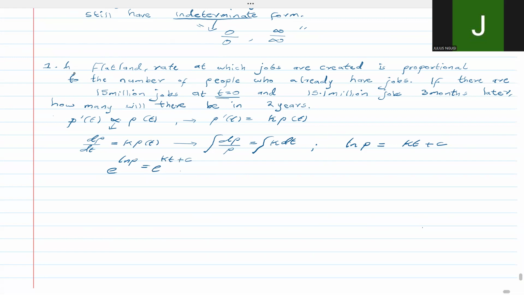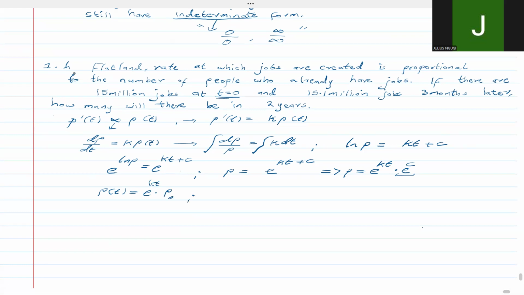Then the exponential of ln of P is just P. So P equals e to the power kt plus C. And using the rules of indices on the right-hand side, this implies that P equals e to the kt multiplied by e to the power C. Observe that e to the power C is just a constant, so we can say that P of t equals e to the kt multiplied by, let me call the constant P naught, the initial population.